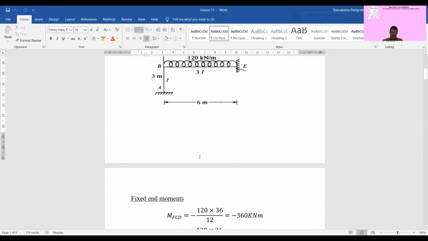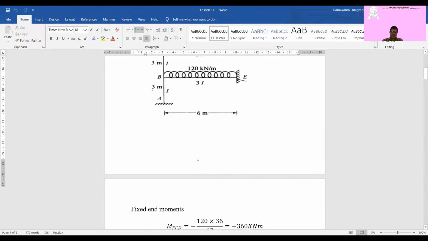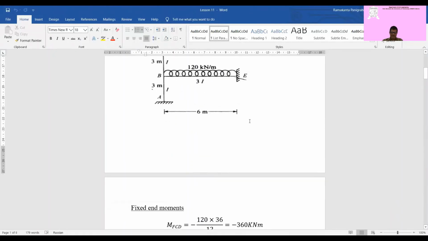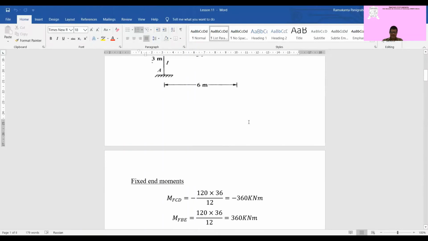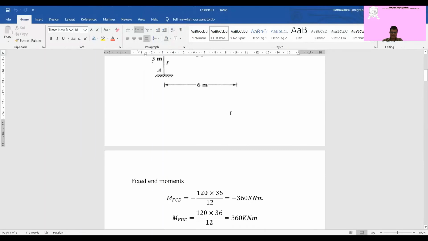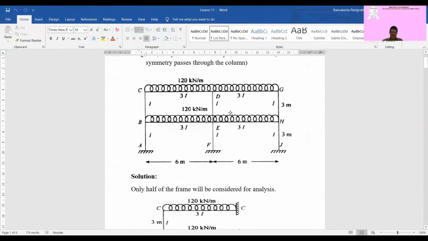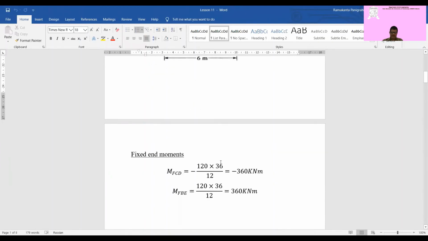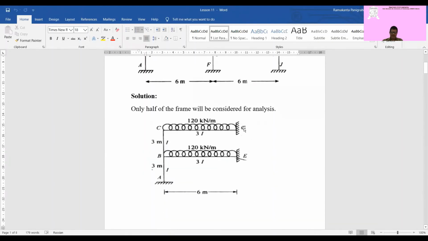Here you can find out the fixed end moments for A, B, C, D, E. MFCD is minus, CD is WL square by 12, with 120 and the span 6 meter, so WL square by 12. That is for CD, and MBE. So this is D, it's not C basically.